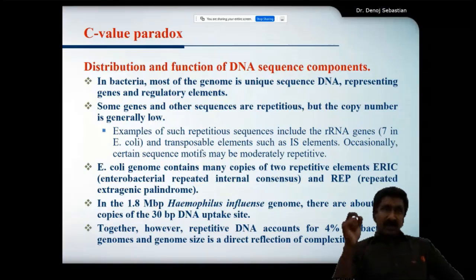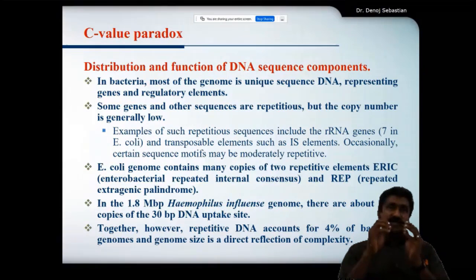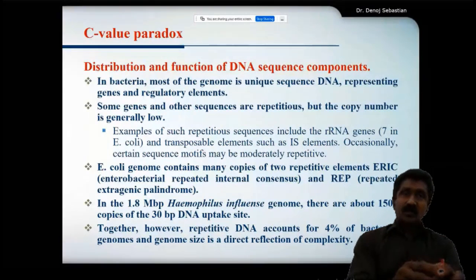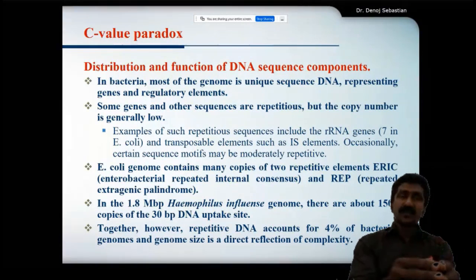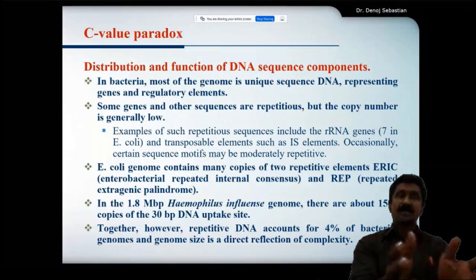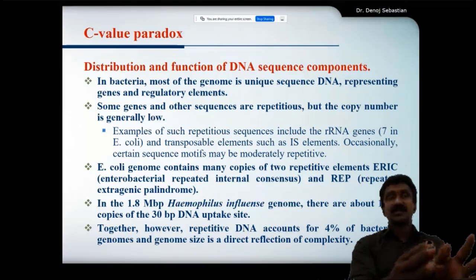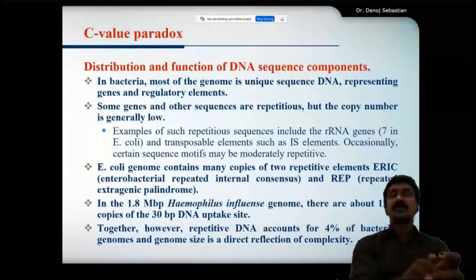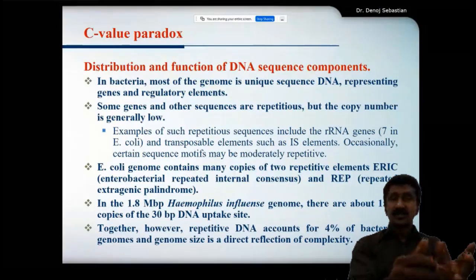In the 1.8 megabase Haemophilus influenzae genome, there are about 1,500 copies of a 30 base pair DNA uptake site. That's another example of a repetitive DNA sequence in a prokaryote. This 30 base pair DNA uptake site is repeated about 1,500 times.